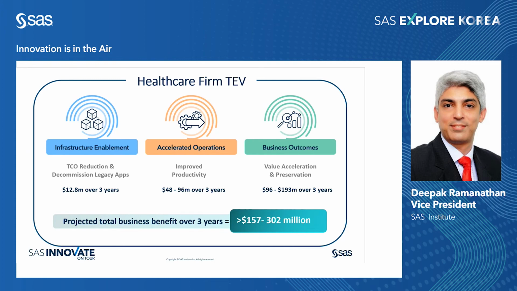And there were lots of areas that they wanted to focus on. So we actually ran a pilot initiative with them to test out some of these hypotheses, validating some of our own assumptions. And as you can see, the projected total business benefit over 3 years is anywhere from 157 to $302 million.